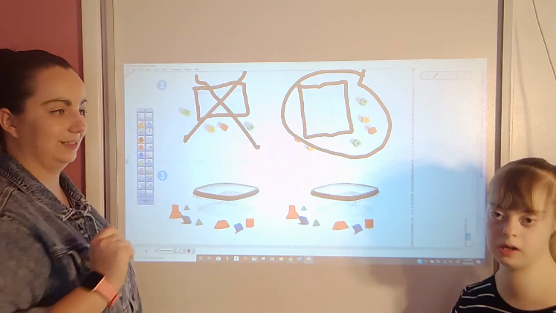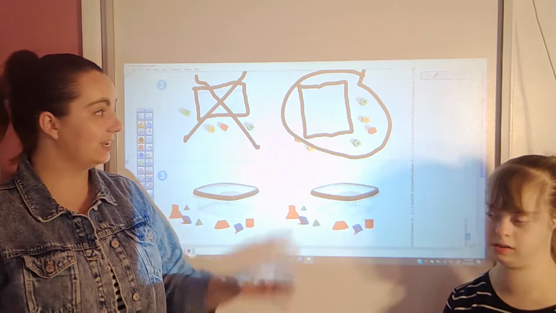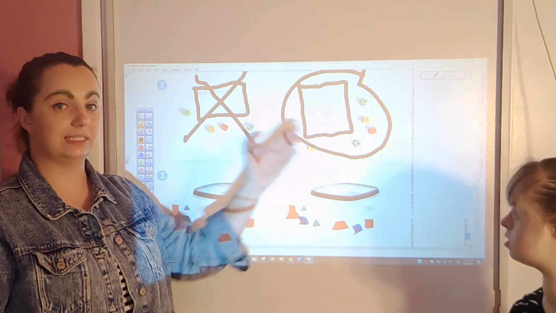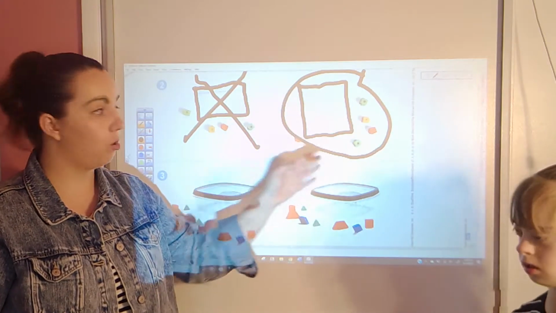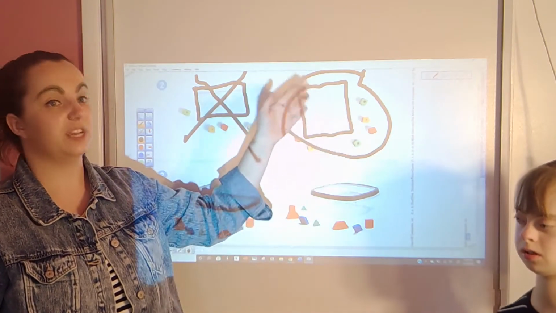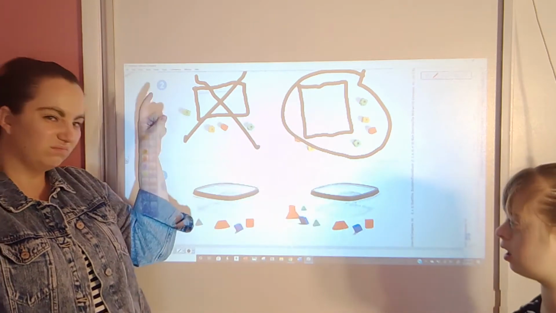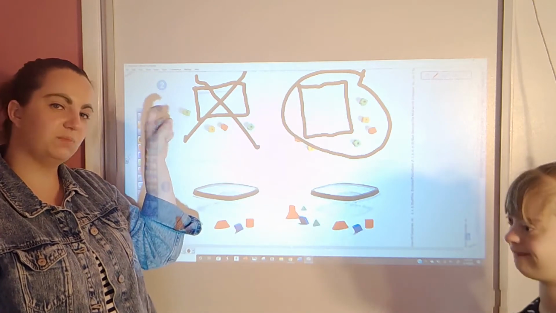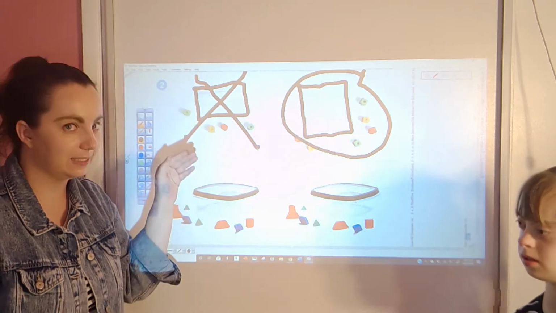Holds less. Nice. So, to figure out capacity, we had to look at the size of the spaces. Bigger bag, more space to hold these cubes. Means bigger capacity, holds more. This bag, smaller, not as much space, less capacity, holds less.